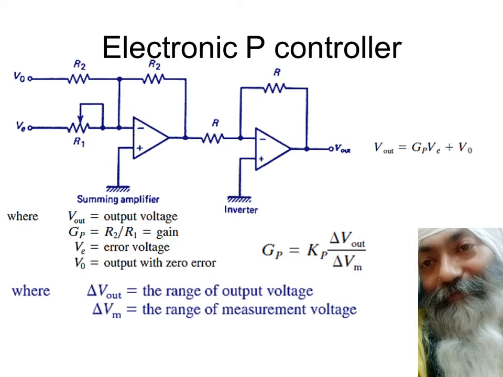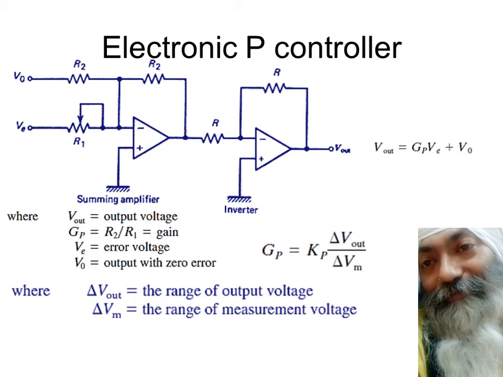That is why this GP is not in terms of percentage upon percentage. KP was taken in terms of percentage upon percentage. What is the percentage change in the error to bring about the percentage change in output of the controller? The unit of KP were percentage divided by percentage.